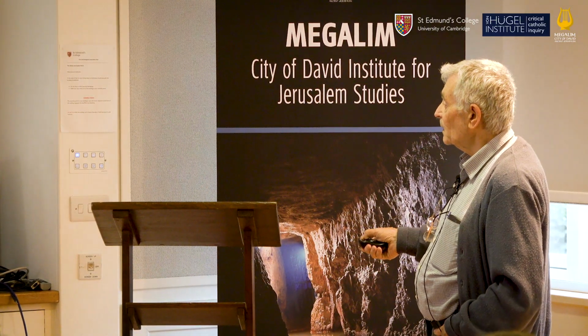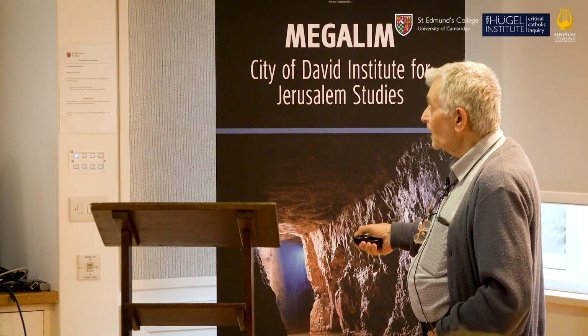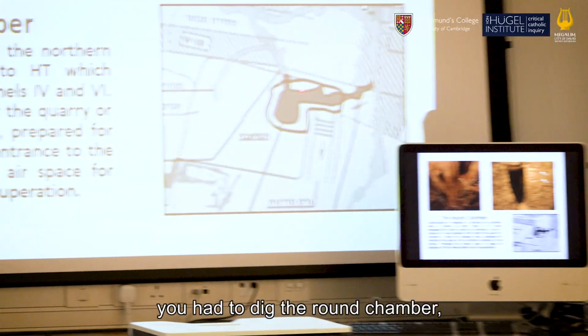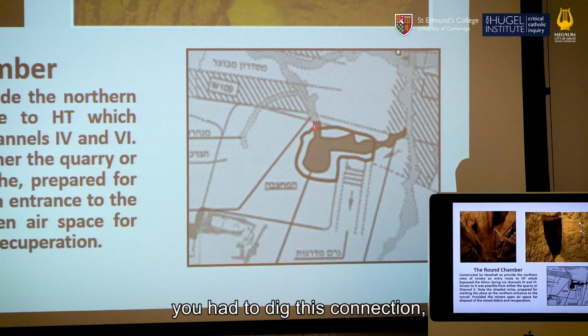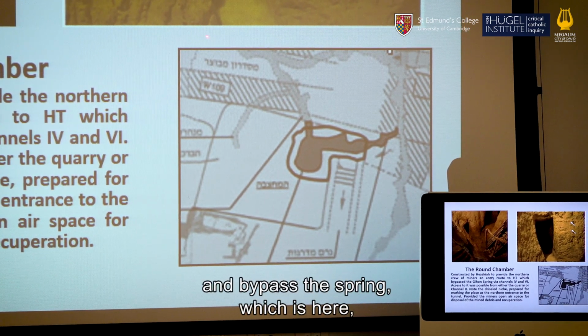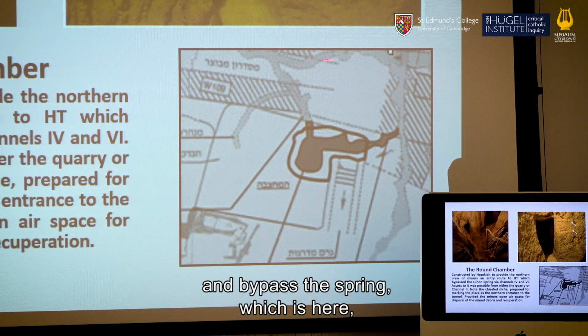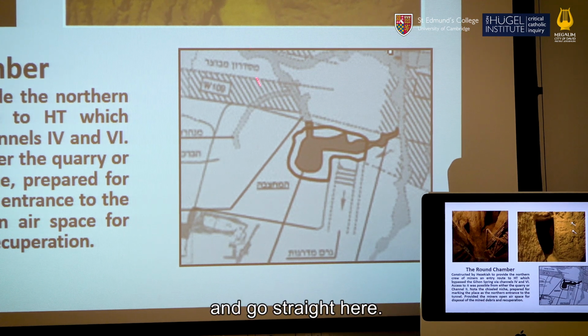You could enter it either from here or from the quarry. You had to dig Channel 3, you had to dig the round chamber, you had to dig this connection, and then you had a way to come around and bypass the spring, which is here, or come from the quarry, enter the round chamber, and go straight here.